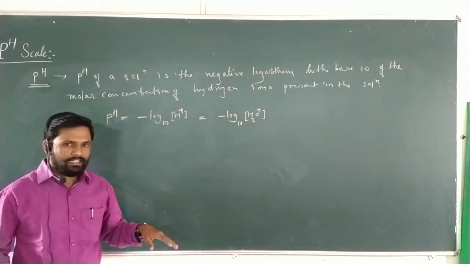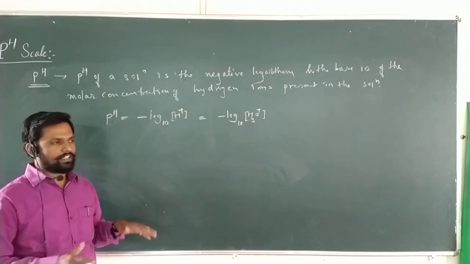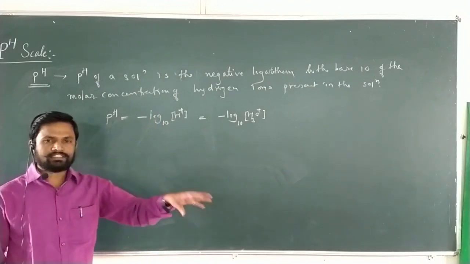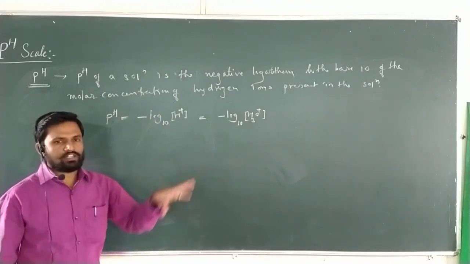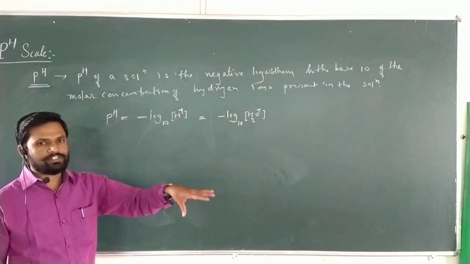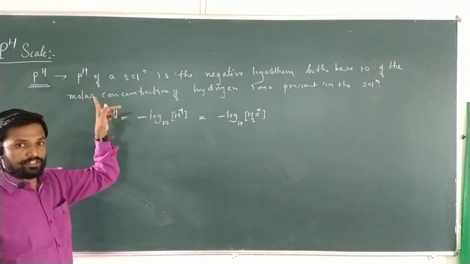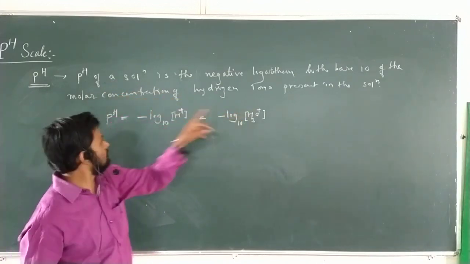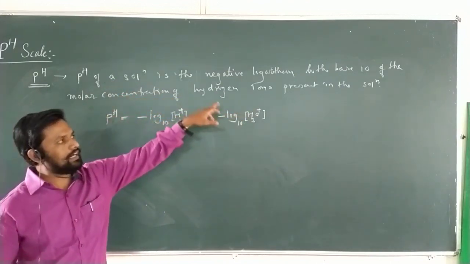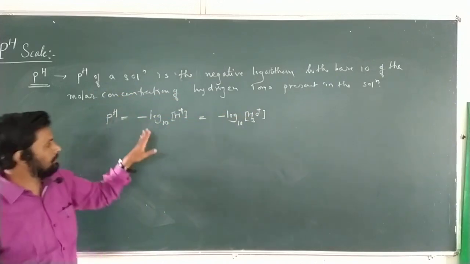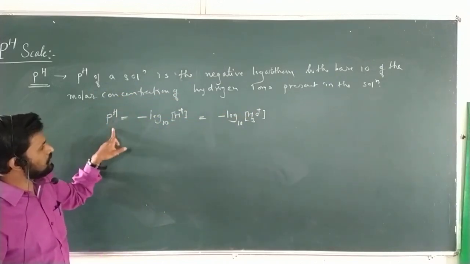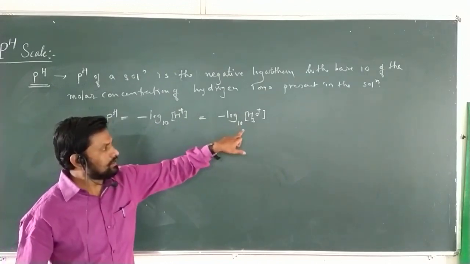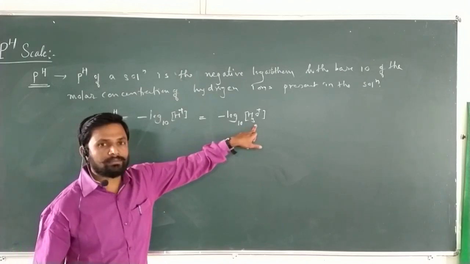As I told you, if a substance, for example HCl, is taken, as we know a strong acid, it produces H plus ions in the water. How much concentration of H plus is present in the solution, that indicates the pH. So the pH of a solution is the negative logarithm to the base 10 of the molar concentration of hydrogen ions present in the solution. The mathematical expression is pH equals negative log10 of H plus, or negative log10 of hydronium ions.